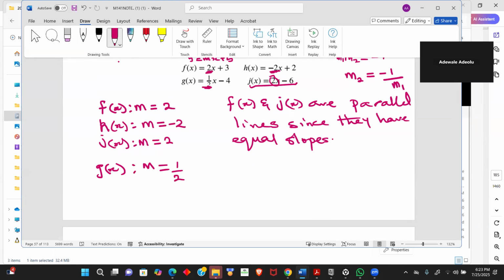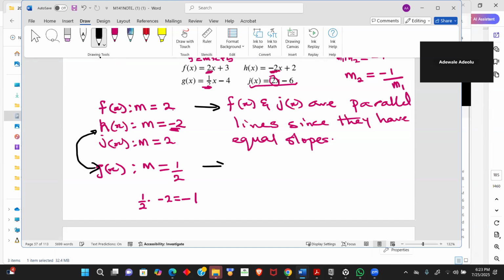If I multiply the slope of g of x, which is a half, by 2, it's going to give me 1, not -1. But if I multiply by -2, 1/2 times -2 is -1. Then I will claim that g of x and h of x are perpendicular.